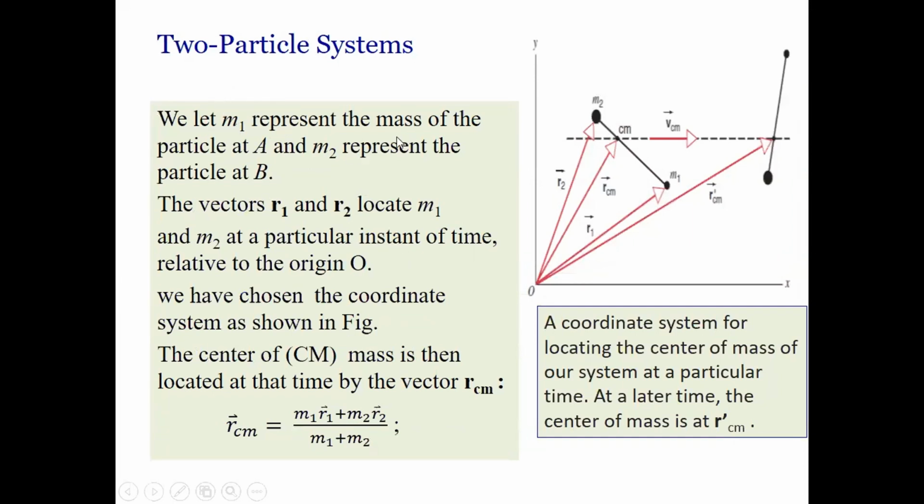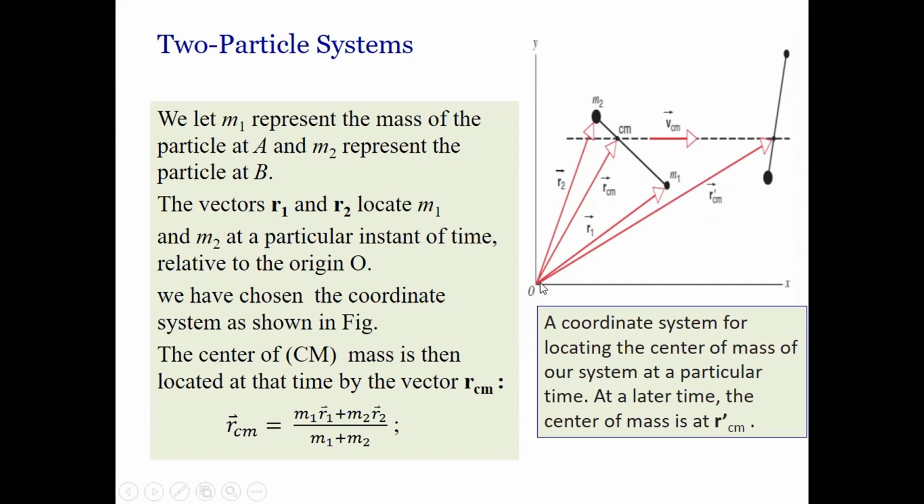Let m1 represent the mass of particle A, and let m2 represent the mass of particle B. The vector r1, from the xy coordinates shown in the figure, locates the mass m1, and the location of mass m2 is represented by the vector r2. This is relative to the origin O at any instant of time.